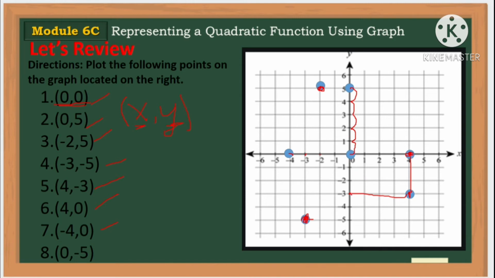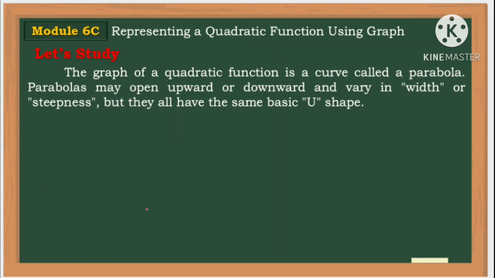So, ibig sabihin, ang y na negative 5 nandito sa baba. So, since ang x ay 0, so ibig sabihin, nandito lang siya sa may y-axis. So, ang point ay nandito. Okay? So, nasundan kung paano ang mag-plot. Okay, very good.